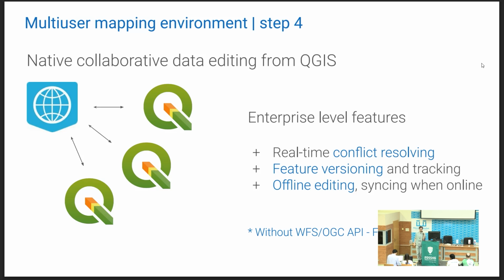I'm not sure I can call them enterprise level, but anyway, like real-time conflict resolving if we edit the same features, feature versioning and tracking to know what happened, etc., and offline editing with syncing when online, without limitations of like OGC services, etc.